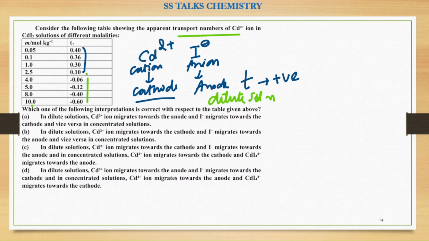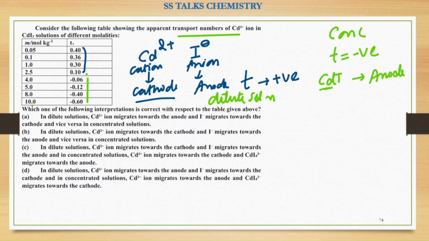When we are increasing the concentration, for the concentrated solutions, it is observed that the transport number is negative, which means that the ions this time are going towards the opposite electrodes. So we are expecting that the cadmium ions, instead of going to the cathode, are now going towards the anode, and that is possible only when this Cd2+ has converted into some anionic part.